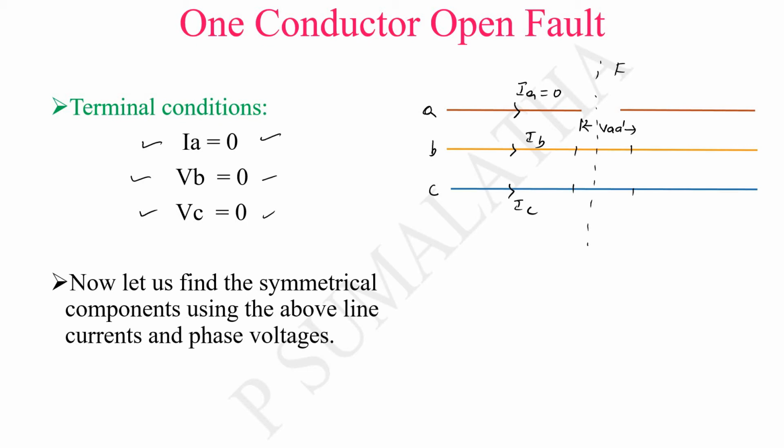Similarly, as we have done for the shunt fault analysis, for the series fault also, depending upon how many terminal conditions we know, we will be doing the symmetrical component calculation with respect to those terminals. Here we have two values for the voltage, so we are going to find the symmetrical components with respect to the voltage itself.